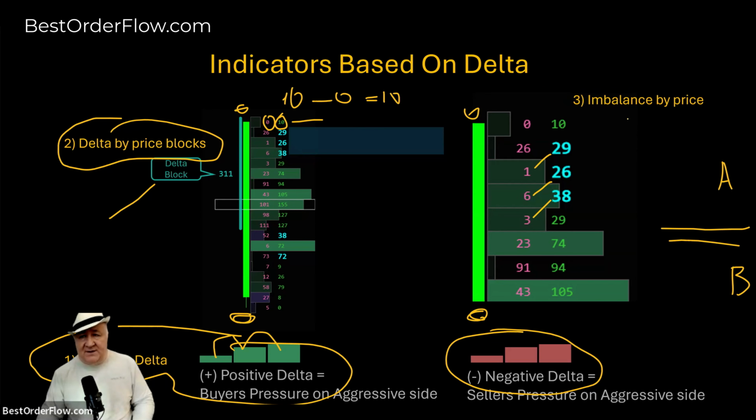Buyers and sellers are not in a linear line to each other, they are on the diagonal. This is the correct way. So we compare this sell 3 with this buy 38, and the ratio between them, how many times one side outweighs the other, becomes the imbalance.